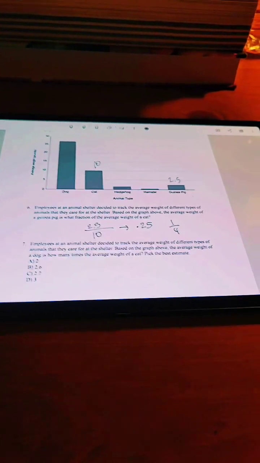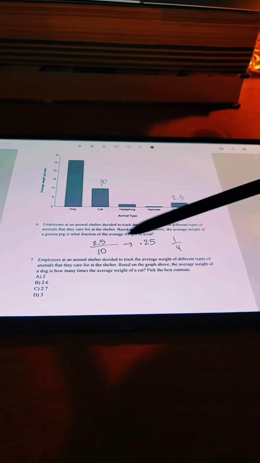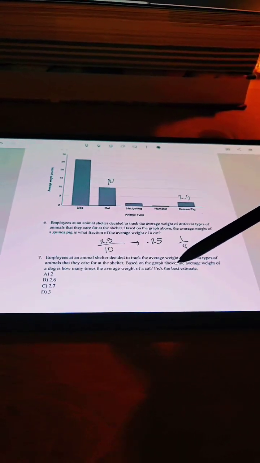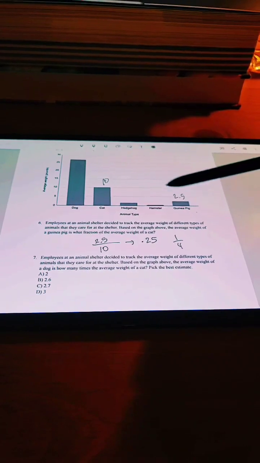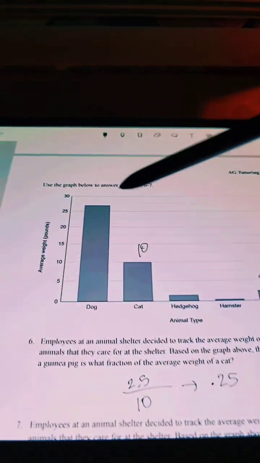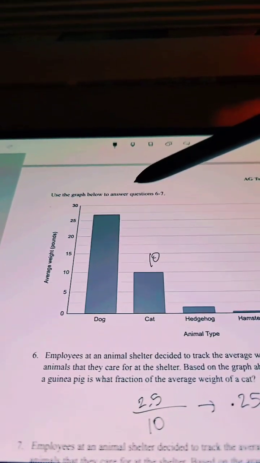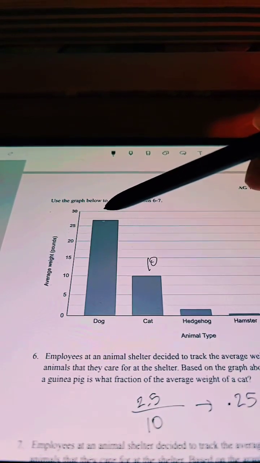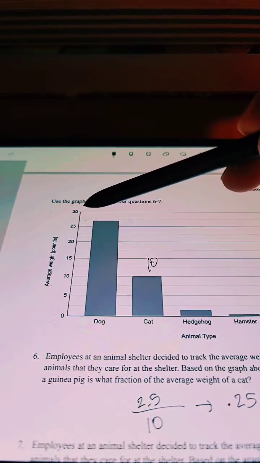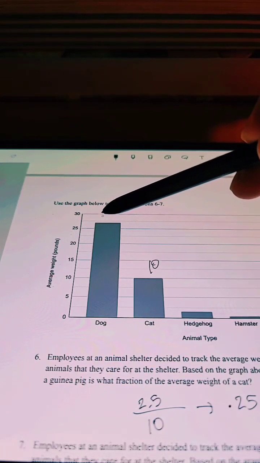So now, here's another way that they might ask this, in a backwards way. So it's referring to the same figure. And it says, based on the graph above, the average weight of a dog is how many times the average weight of a cat? So, average weight of a dog, you'll see it's not exactly halfway. It's just a little bit under. So, let's guesstimate that that's right before you get to 27.5.